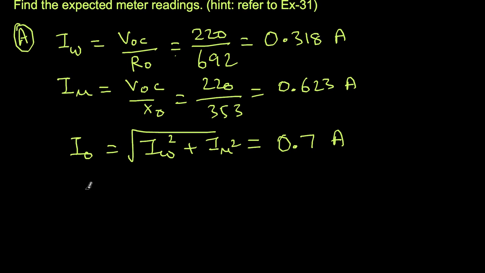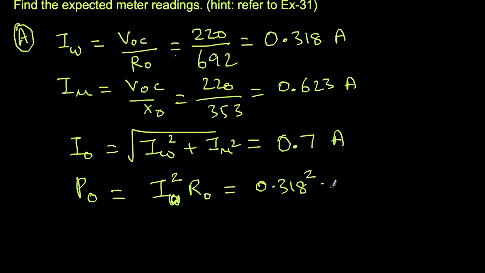Now, what is the power? The power is whatever loss is there in R naught, IW square times R naught. This is nothing but the iron loss. So 0.318 square multiplied by 692 will be my losses.